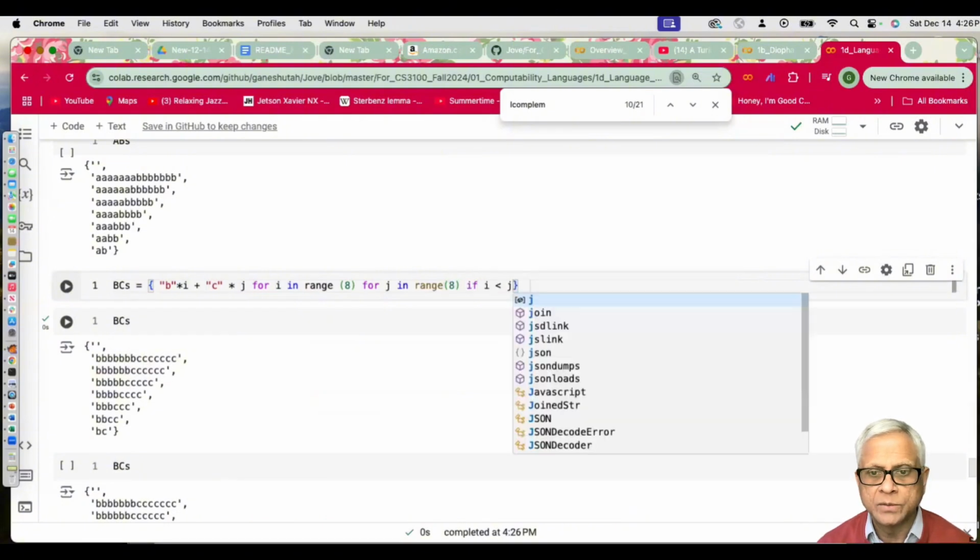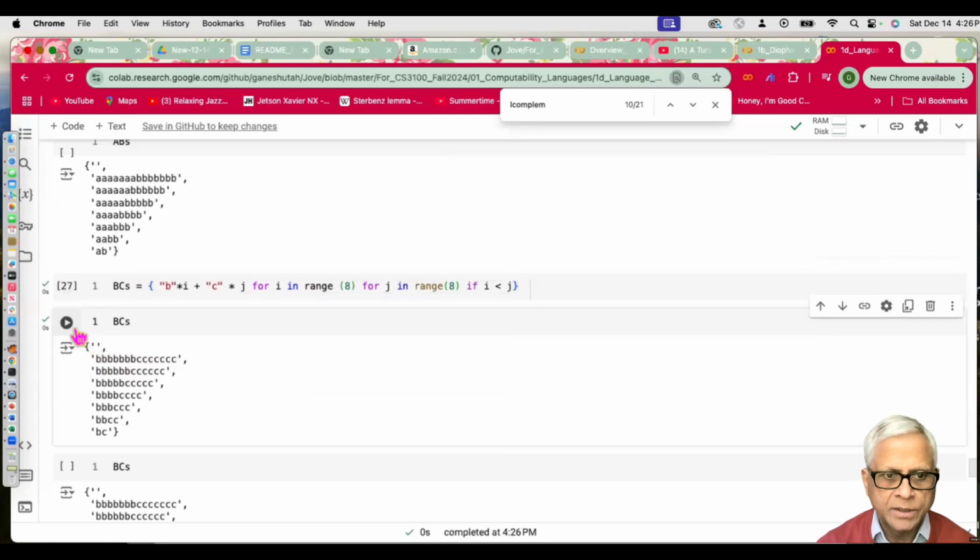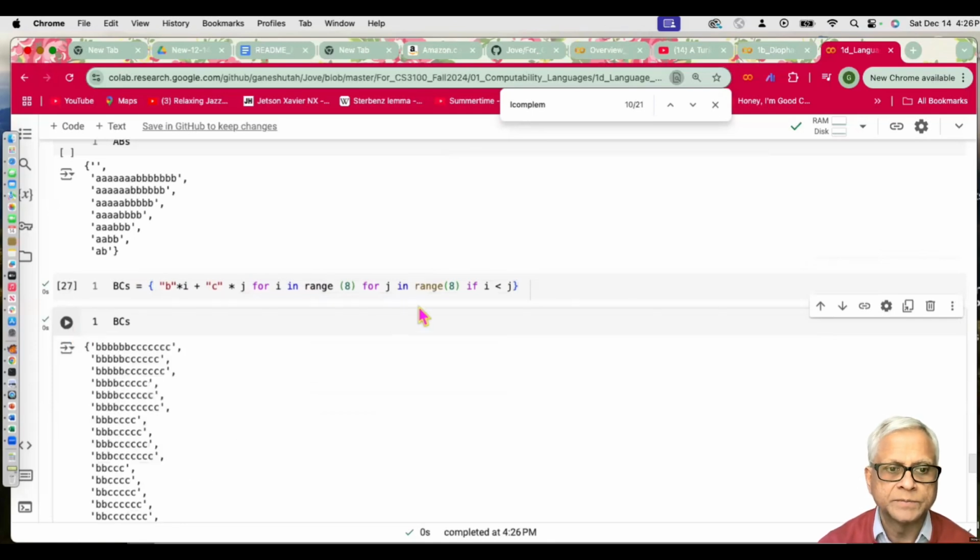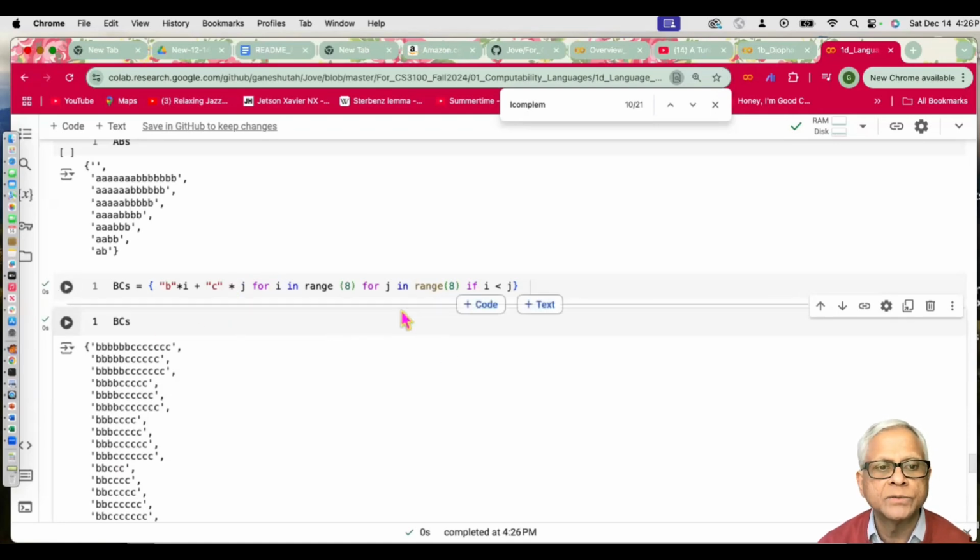So suppose you want to take this BCs, which is a certain set. I had to run this BC set and then see the BCs, which is all these B's and C's: B raised to i followed by C raised to i for i in range 8, which is included here.